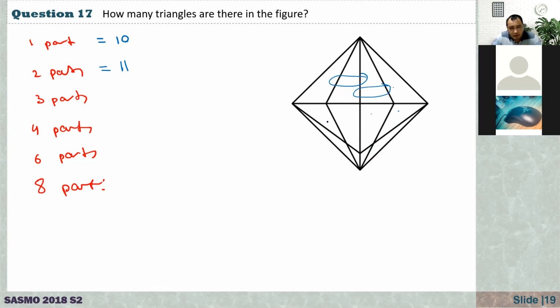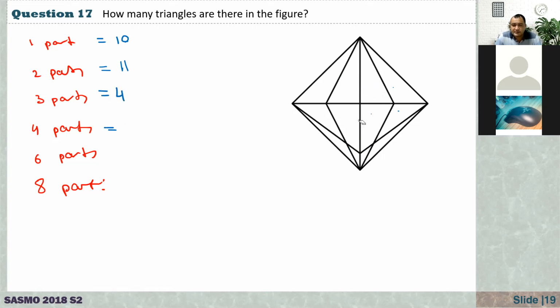No, there's just two. How about this one? 1, 2, 3. Yeah, also this one, 1, 2, 3, right? So it is 4. Okay.